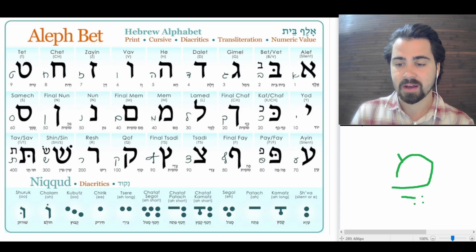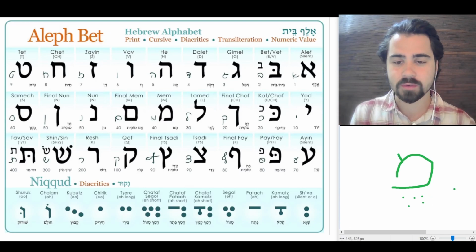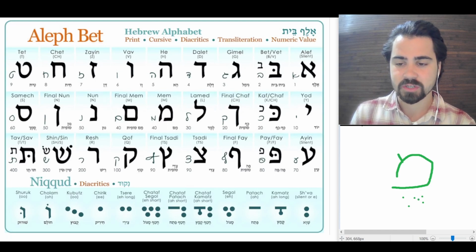Then we have chataf patach, still ma. Then we have chataf segol, me. So just focus on what's on the left of these two dots. Don't get confused. You don't need to remember 5 dots, okay? It's not that complicated. So just focus on what's on the left and you got it.